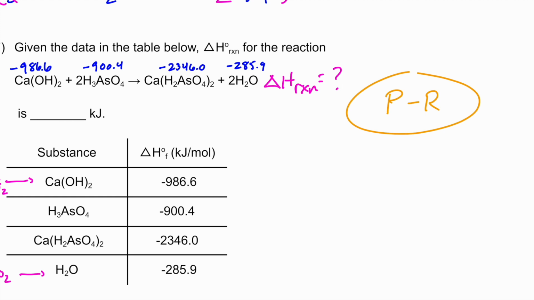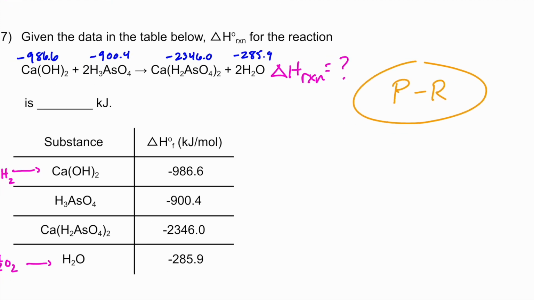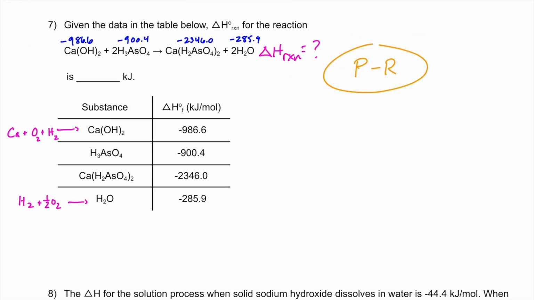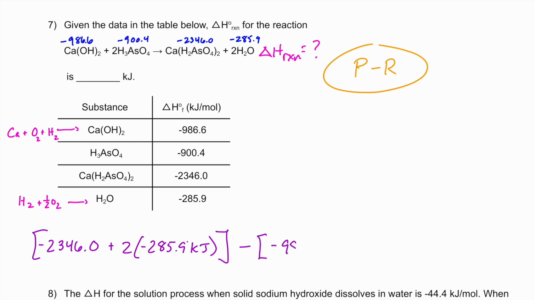Okay? So I'll make a little bracket. I'm going to come right down here. So I'm going to take my products. I have 2 waters. Please do not do the math beforehand. It's kilojoules. So there's my products right there. And then my reactants.